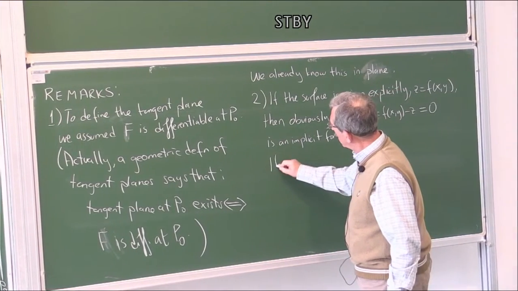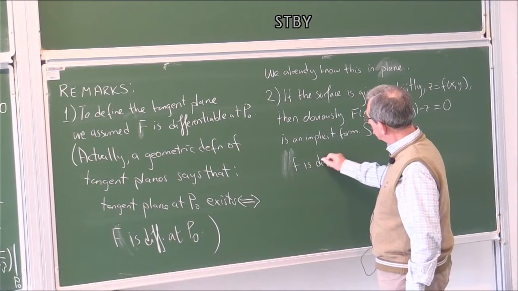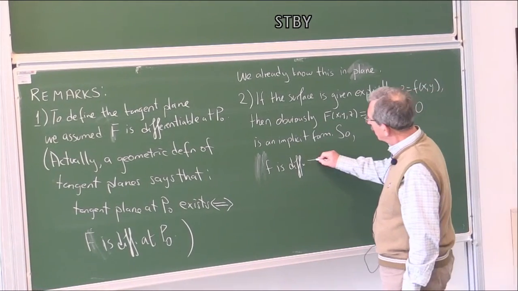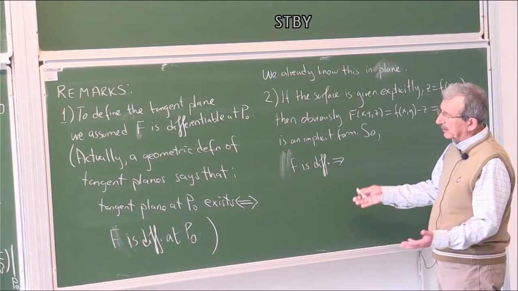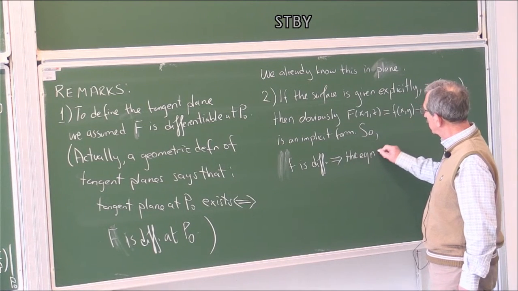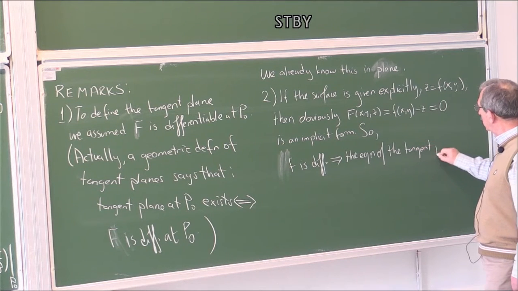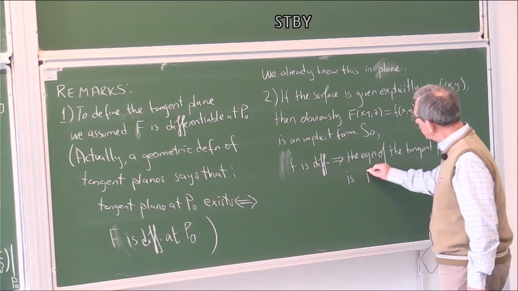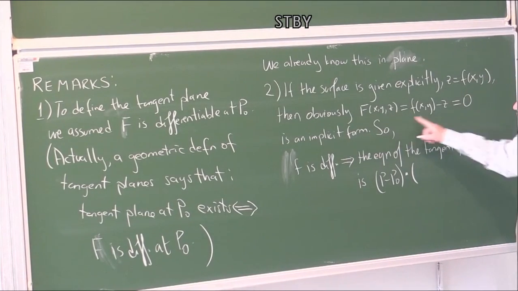So, if f is differentiable, that implies that a tangent plane exists, of course, but the equation of the tangent plane is then p minus p0 dot the derivatives of f.